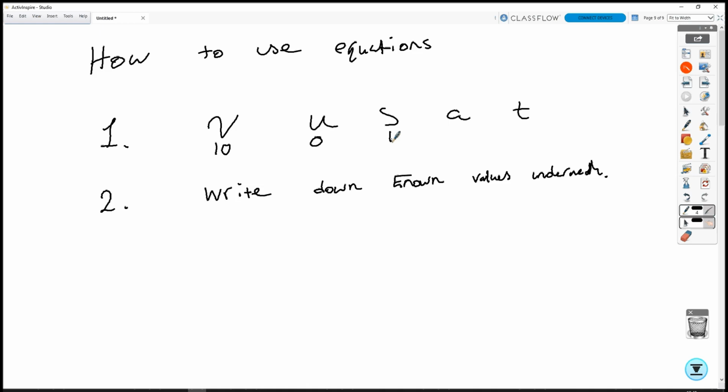So we want to find acceleration, and those 3 are the values that we know. So third step is decide what you want to find out.